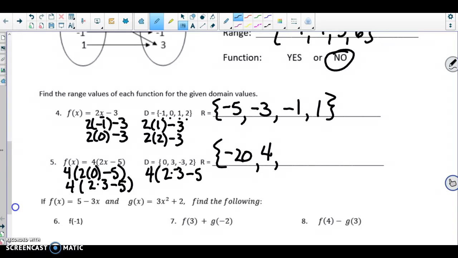So -6 minus 5 ends up being -11. -11 times this 4 ends up being -44. And then the 2, so I still have the 4 on the outside, and 2 times 2, which is 4, minus 5, which is -1, and then -1 times this 4 on the outside ends up being -4.